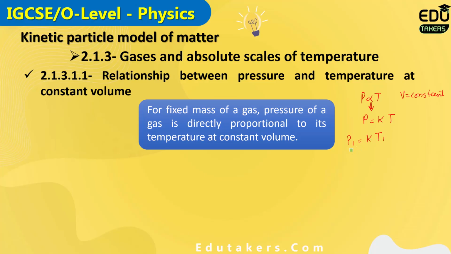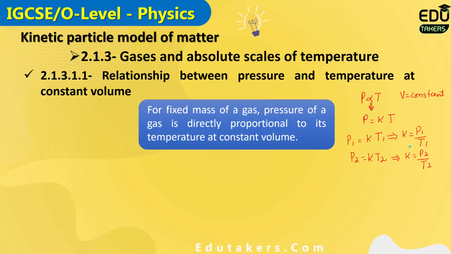For the second gas P2 is equal to K T2. I find out the value of K from both of these equations. K is equal to P1 over T1 and K is equal to P2 over T2.